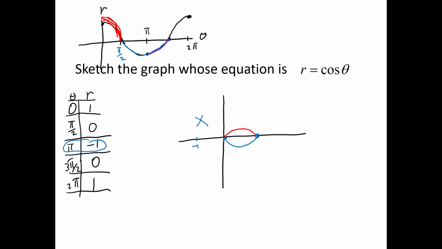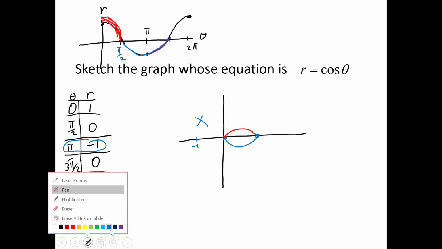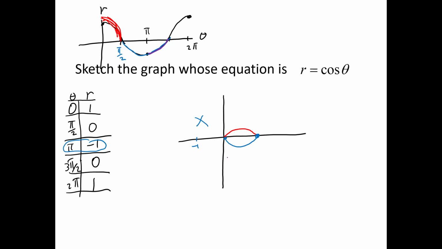but because my r value is negative, I go in the opposite direction. Now, from pi to 3 pi over 2 is the purple. It's still a negative r value. So from pi to 3 pi over 2, I should be in this quadrant.